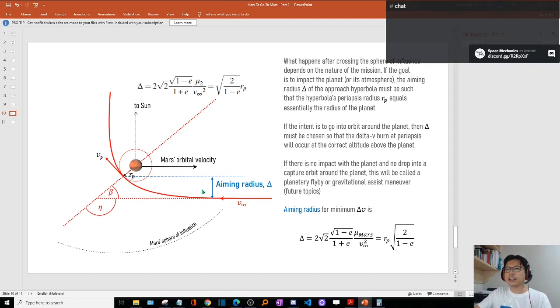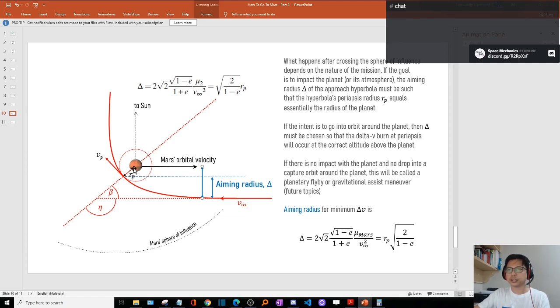If your aiming radius is too small, you're going to hit Mars, you're going to hit the planet. What's going to happen is you launch your spacecraft coming in from a hyperbolic orbit, and it will just crash on this one. You don't want that to happen.